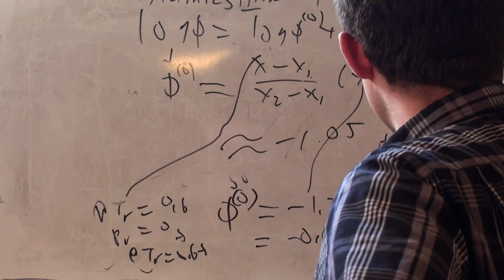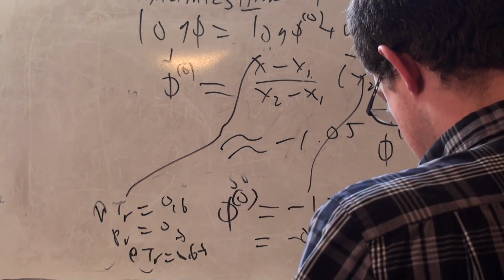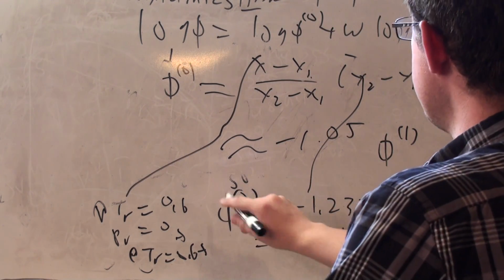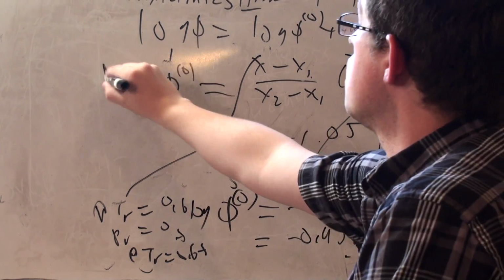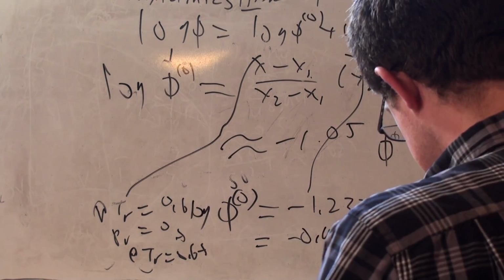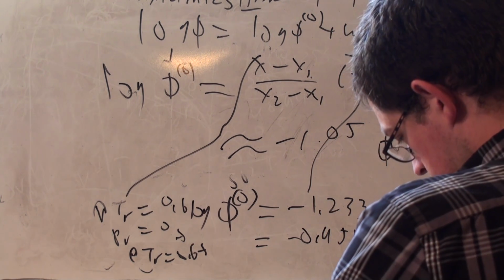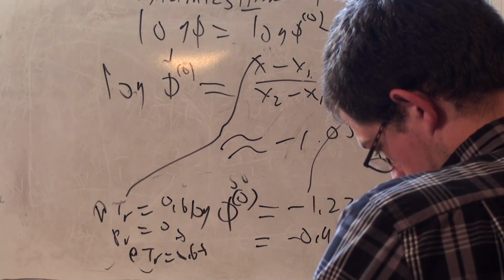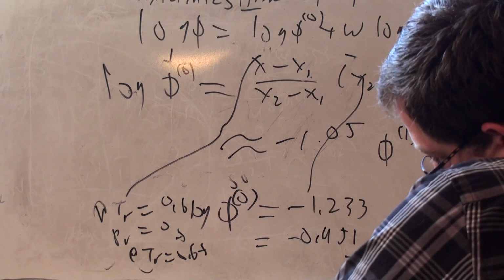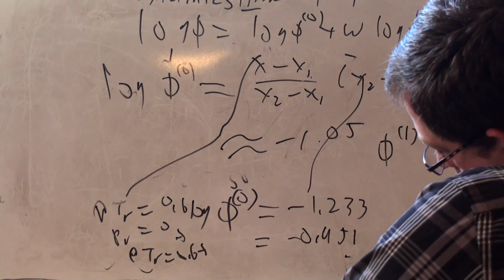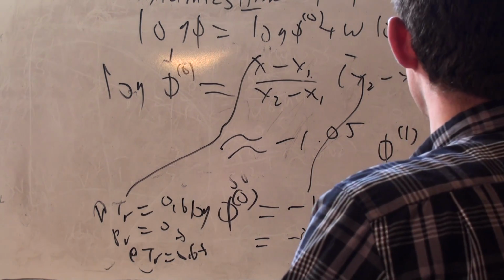Then I'm going to get a phi1. We go to phi1, and again, I'm just going to ballpark things. Doing the interpolation, it's about negative 1.4.